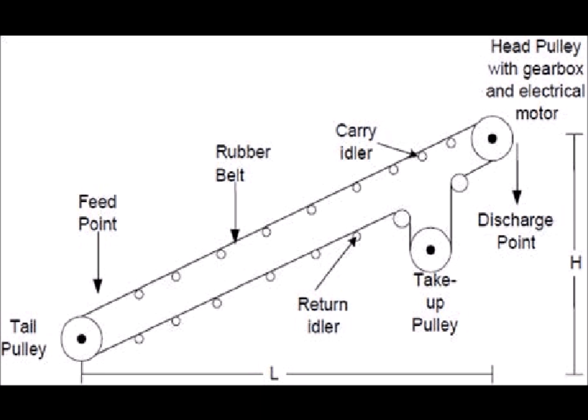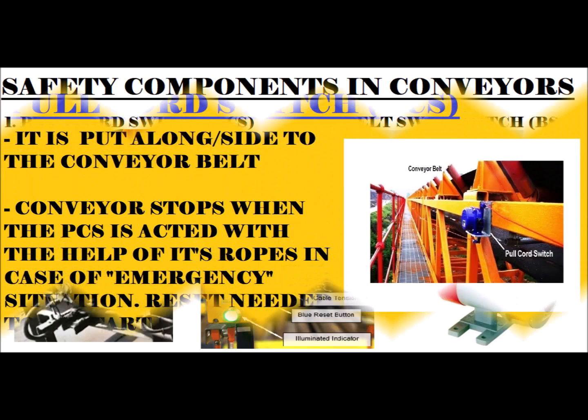After that the material will get down, that is at the discharge point. Next, take up pulley is there, this is used to provide tension in the complete system in the belt. If the conveyor belt is of smaller length, take up pulley won't be available. Next is return idler, and this is how the complete system of the conveyors looks like.